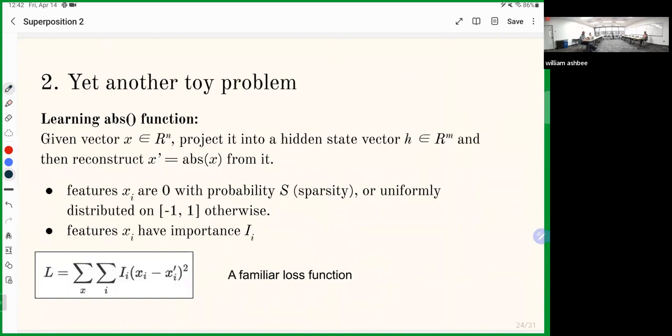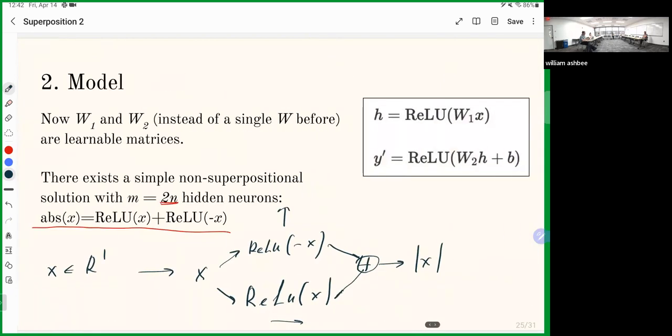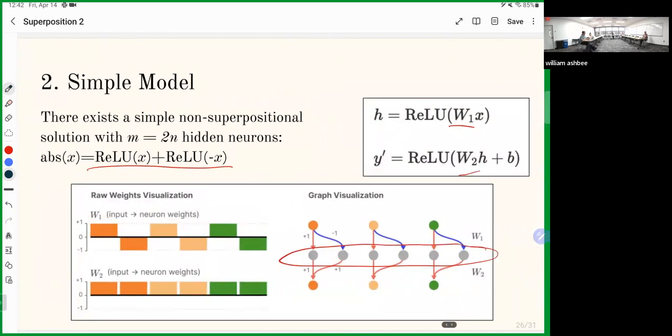So we are learning the absolute function. We know that there exists a simple solution with 2 times the dimensions in the hidden state. What if we have less? Okay, if we take a look at the weights of this simple solution, you can see something like that. The first matrix encodes +x or -x, and then we add them, and we will get the absolute value.